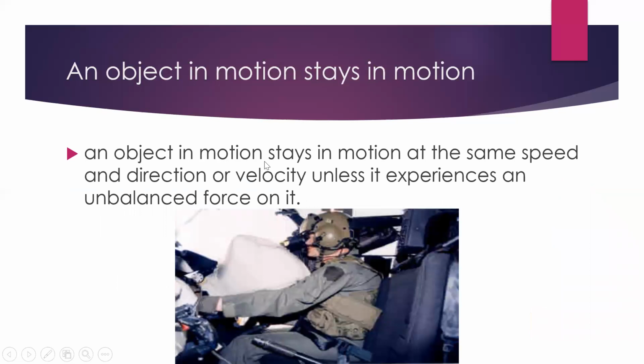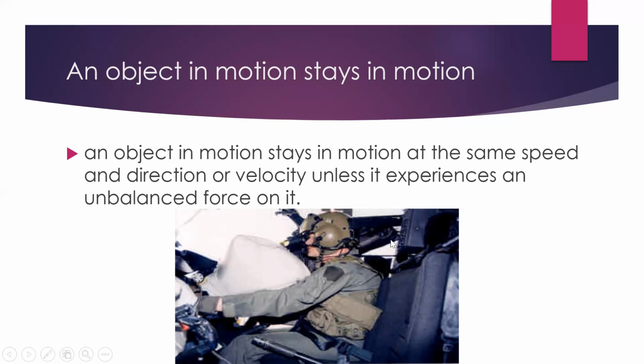An object in motion stays in motion at the same speed and direction, or velocity, unless it experiences an unbalanced force. Here, for the driver, the unbalanced force is the brake of the car.